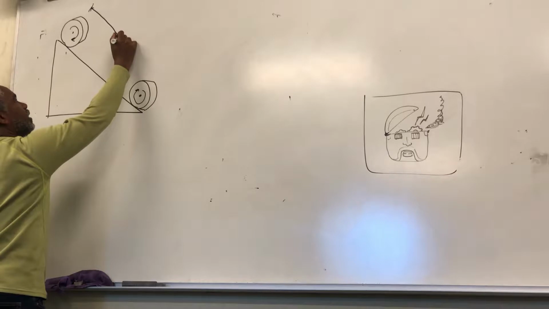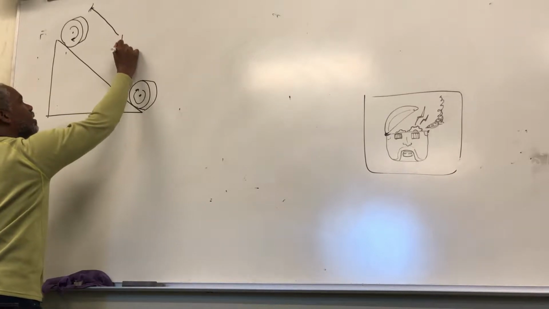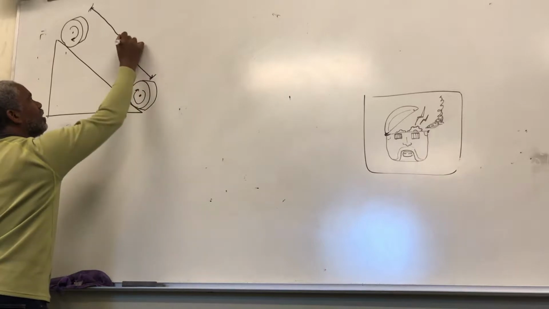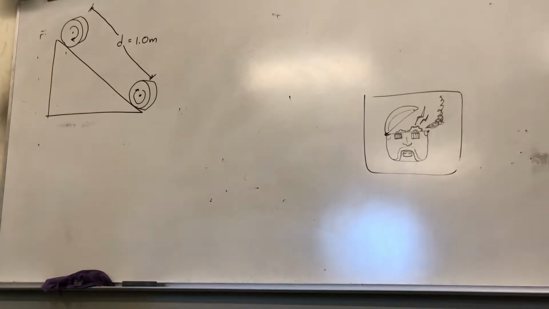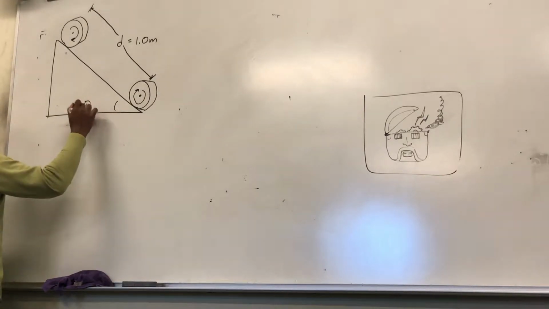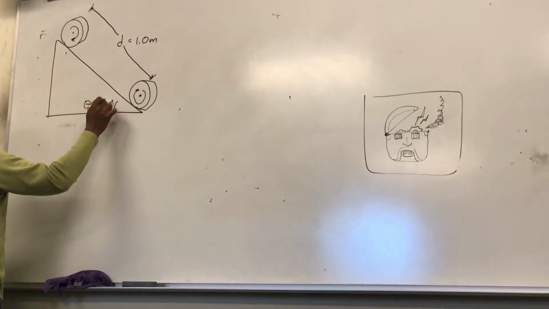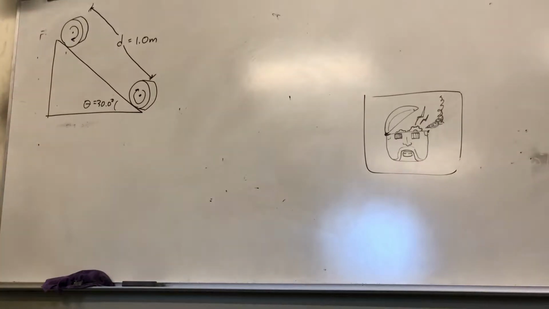This distance here I'll call D, and it is 1.0 meters. We know this is an angle of 30 degrees. So let's see if we can figure out how fast it'll be moving.